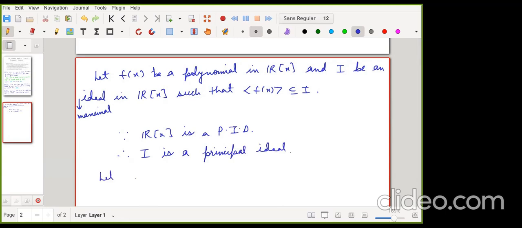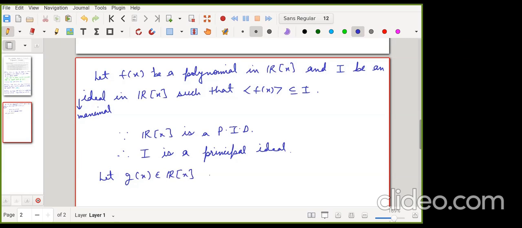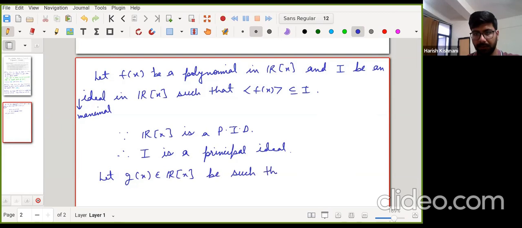Let g(x) belong to R[x] be such that I is generated by g(x).